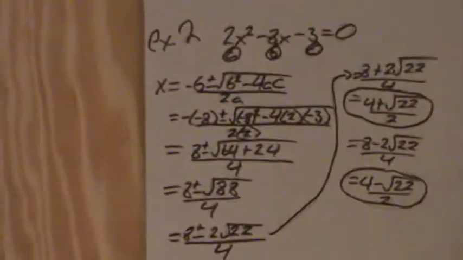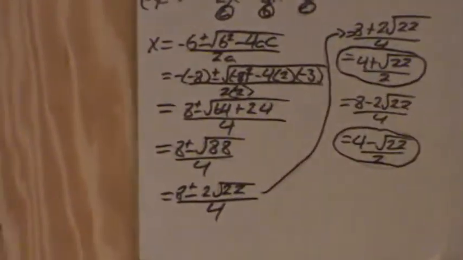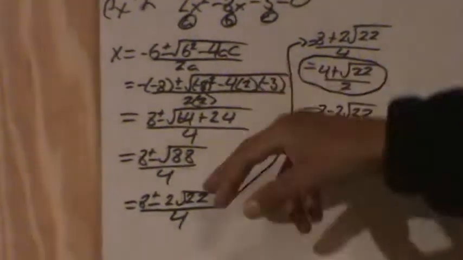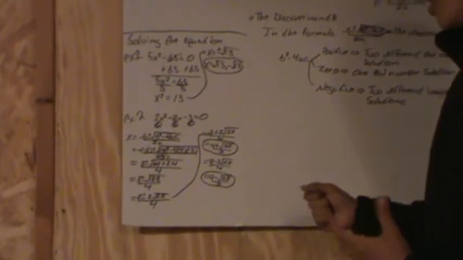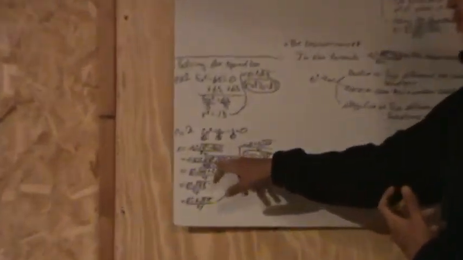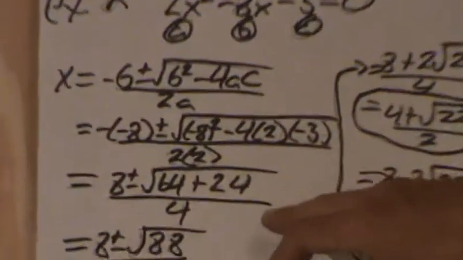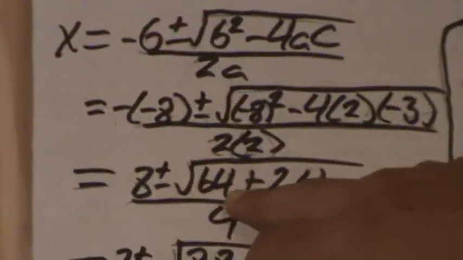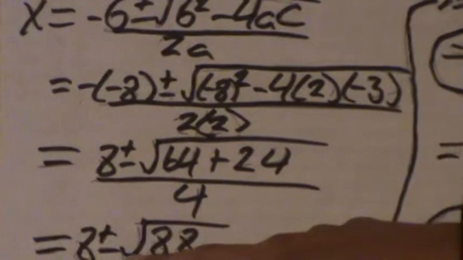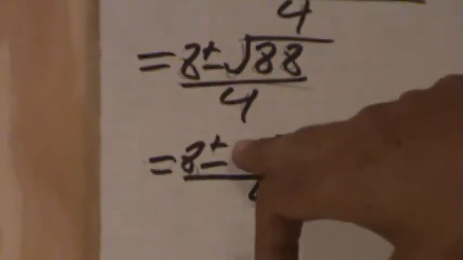Negative 8 squared in parentheses makes 64 positive. You always make sure you put the parentheses on the outside before you square it, or you'll get a negative number. Then negative 4 times 2 times negative 3 is plus 24. Once we got here, 64 plus 24 is 88. Now we can't do much else, but we could lower it because these both are divisible by 2.